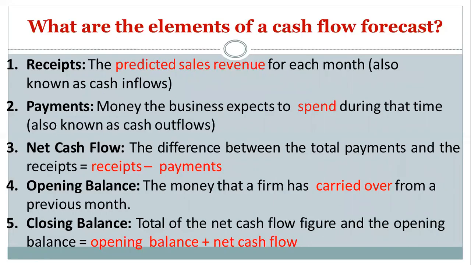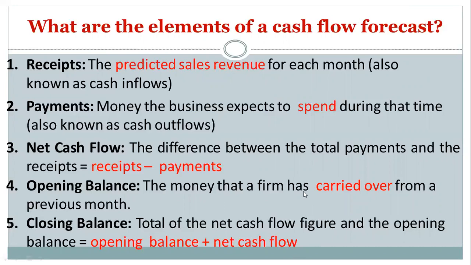What are the elements of a cash flow forecast? They are as follows. First one is receipts. Receipts are the predicted sales revenue for each month, also known as cash inflows. And payments are the money the business expects to spend during that time, also known as cash outflows. Net cash flow is the difference between the total receipts and the payments.